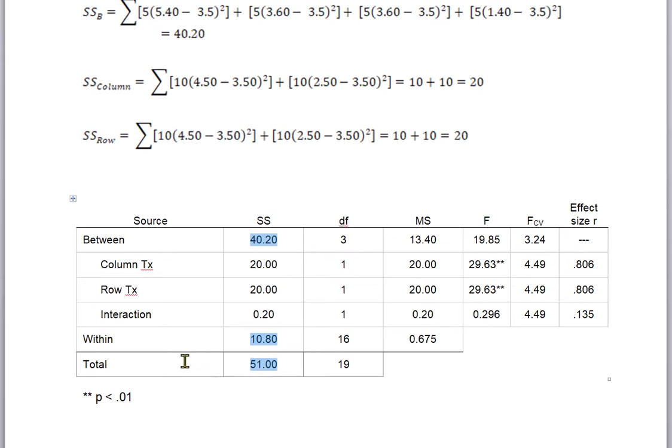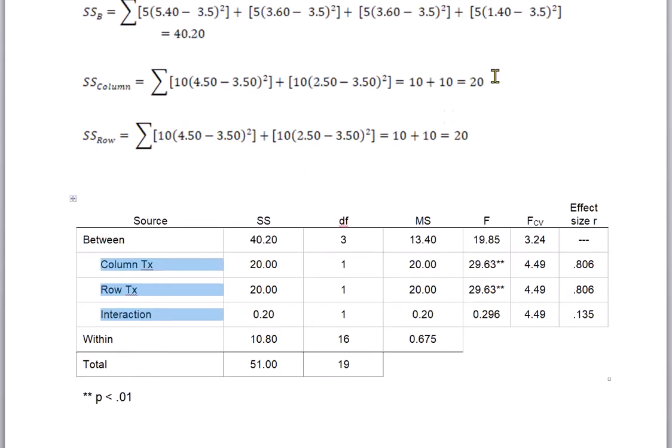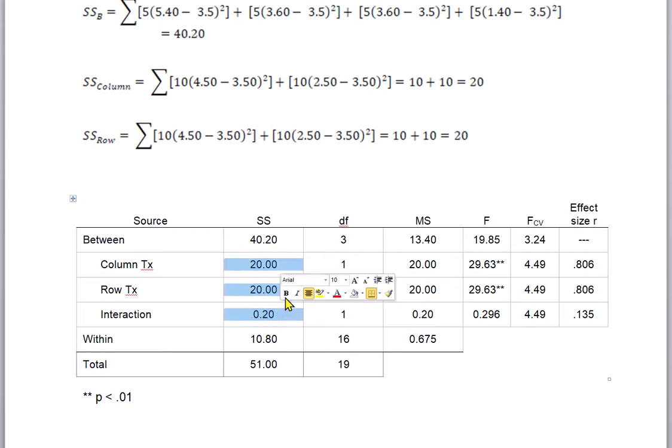The factorial ANOVA part is constituted by the columns, rows, and interaction. So we've calculated the columns here, and we've calculated the rows. Our 2 values for the columns and rows are both 20. Those go here. And the way that these 3 work, these 3 numbers all come out of this one.